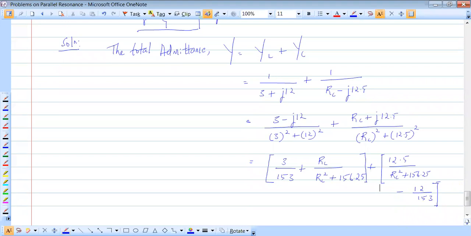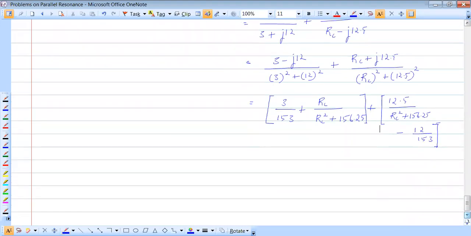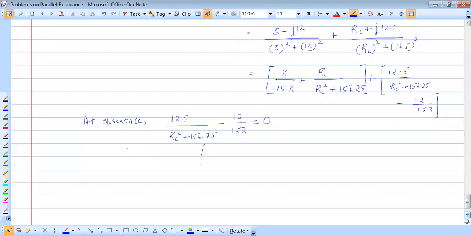Okay, so at resonance, we have 12.5 divided by RC square plus 156.25, minus 12 by 153, equal to 0. Okay, so this would give me this equation if you worked out. I hope you're all doing that.